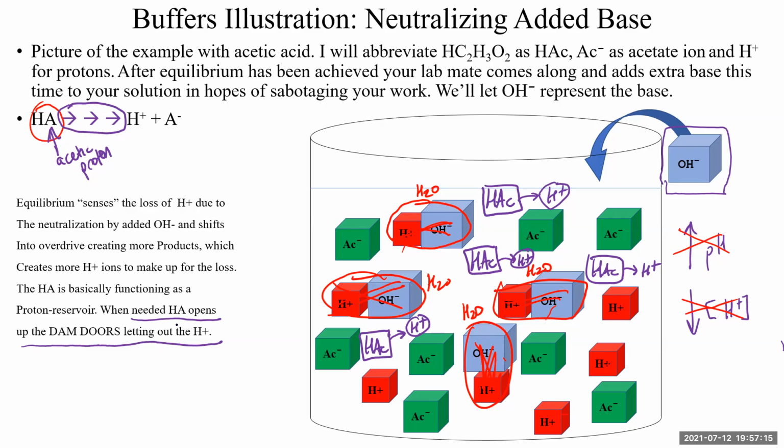That's a metaphor, okay? Of course, it's only a metaphor. Obviously, unlike a real dam or reservoir, the flow is back and forth continually. It just happens to be at the same rate. Remember, equilibrium doesn't only go in one direction or no direction. It goes in both directions all the time, simultaneously, at the same rate at equilibrium.